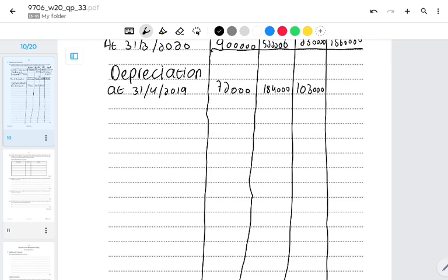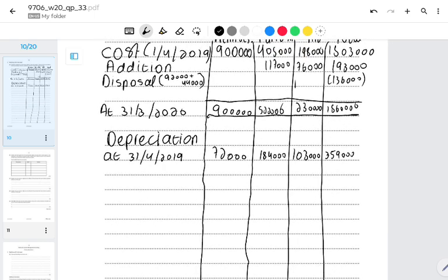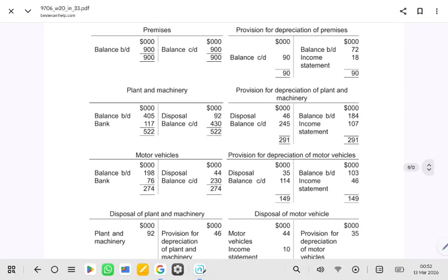And 359,000. The total. Okay, so right now we have written the cost. Now we will go for if they have given us any charges. Okay, you have to remember that for the charges you have to look at the income statement. Whatever is charged to the income statement, we will charge it to the schedule of non-current asset.